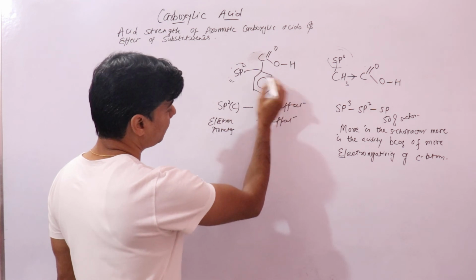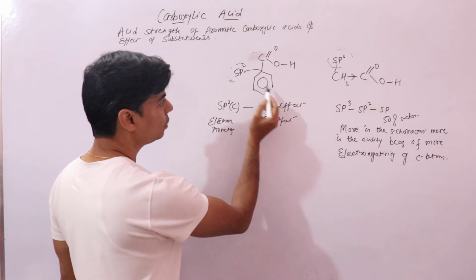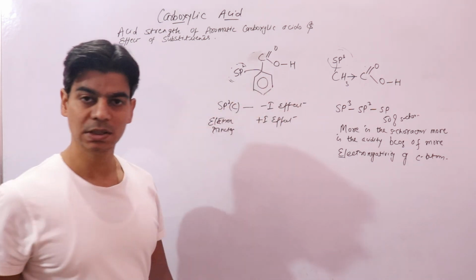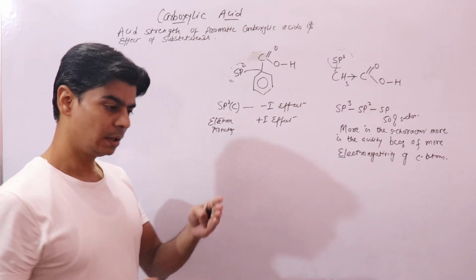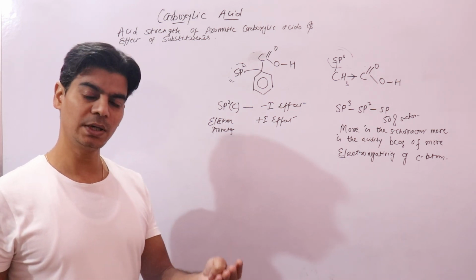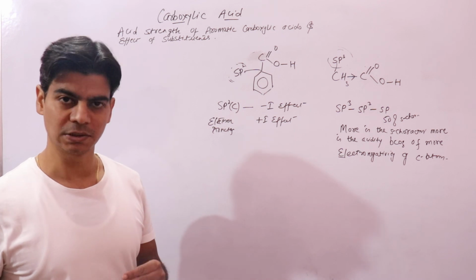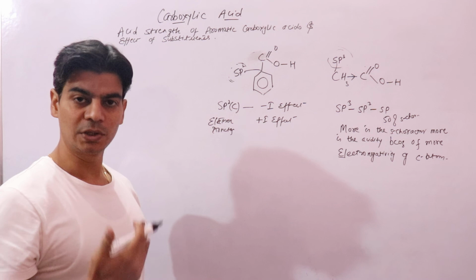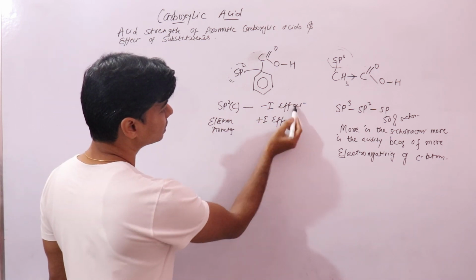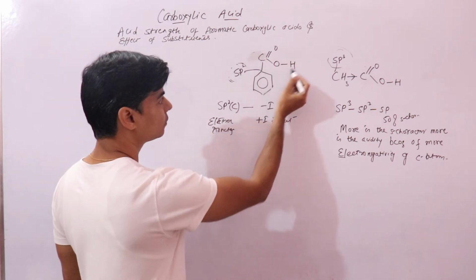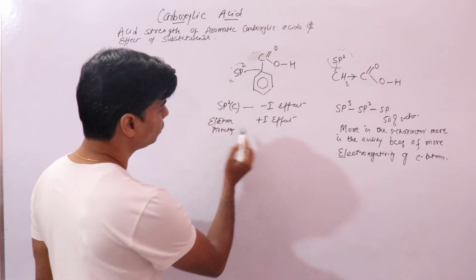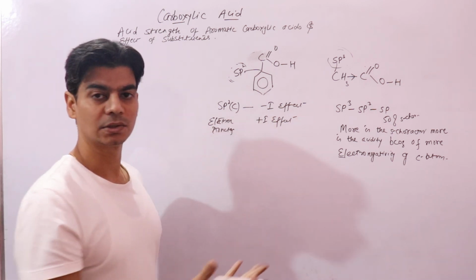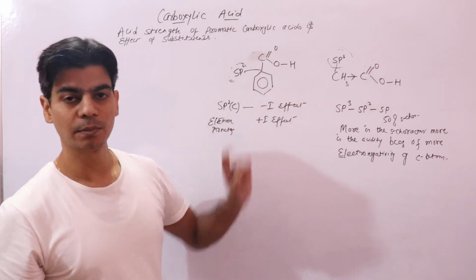So benzene has plus I effect also, and due to sp2 hybridized carbon atom, which is more electronegative, it will attract electron towards itself. It has minus I effect, electron withdrawing effect. So due to minus I effect, it will withdraw electrons from carboxyl group, and due to plus I effect, it will release electron towards carboxyl group.